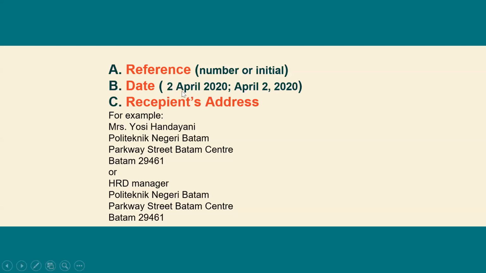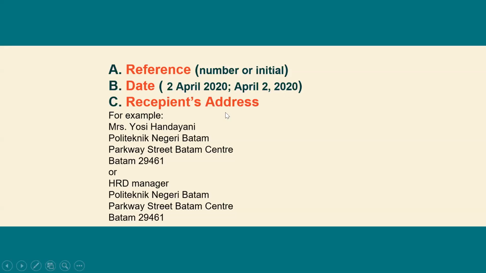So we have 2nd of April 2020. Or in another way, you can have the order of month, day, and then year. So you will have April 2nd, 2020. But in the second form, you need to use a comma after the date.